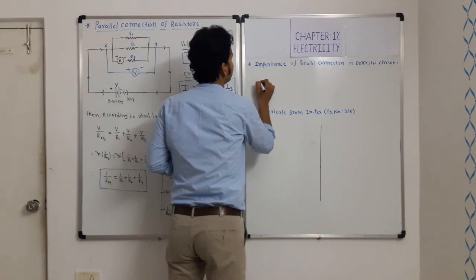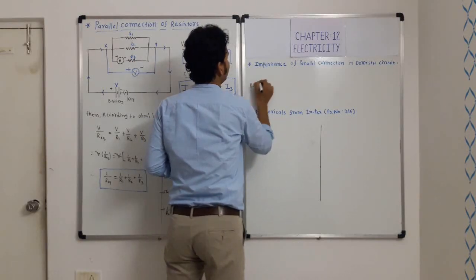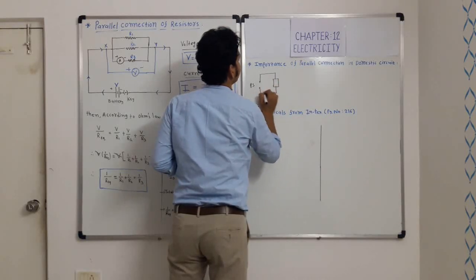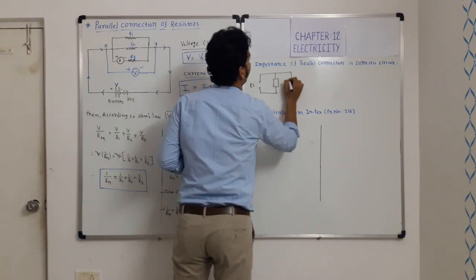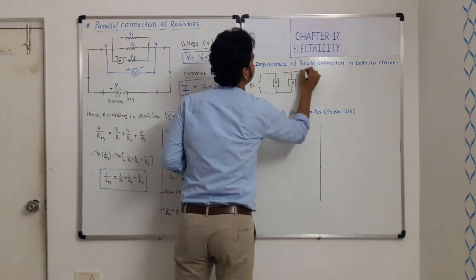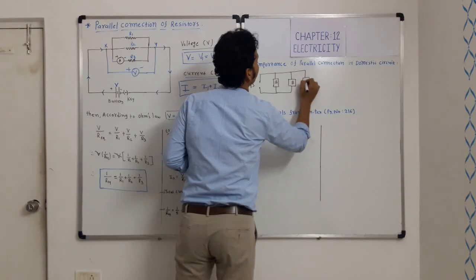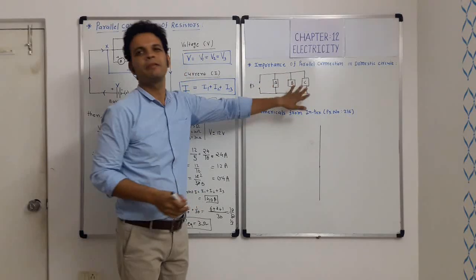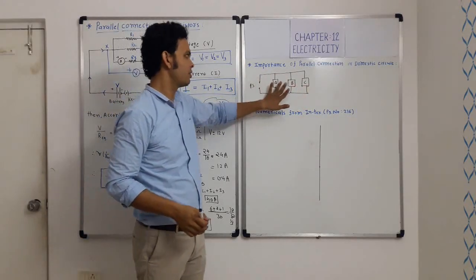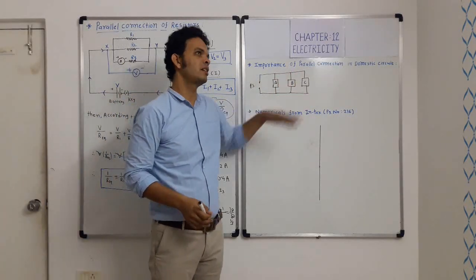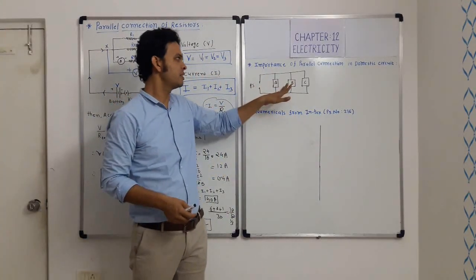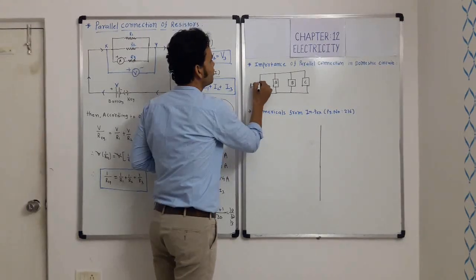Once again, let's say this is a power supply and here we have some appliances A, B, C and so on. They may have different resistances. Your fridge, your fan, your geyser, your air conditioner and your washing machine may have different kinds of resistances, but the voltage given to them is the same.